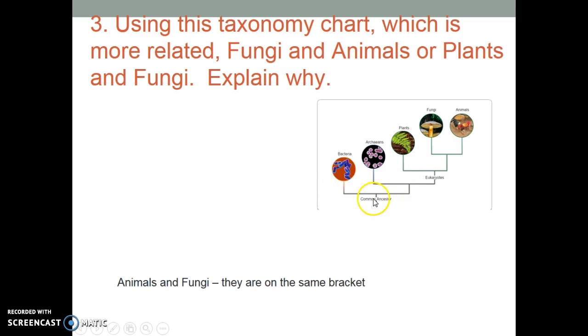So bacteria was the first to evolve, and then the archaeans are going to be related to the eukaryotes. Plants were one of the first that evolved in the eukaryotic category, and then we have fungi and animals on the same branch. Because they are on the same branch, we can say that they are more related than the plants and fungi, which are on two different branches.